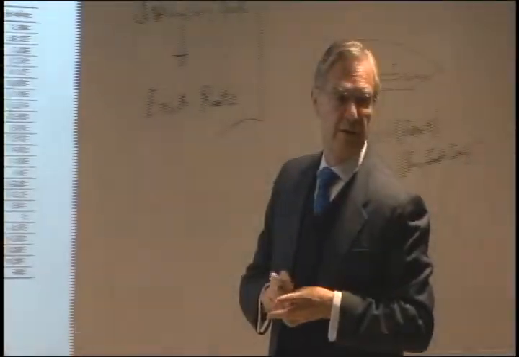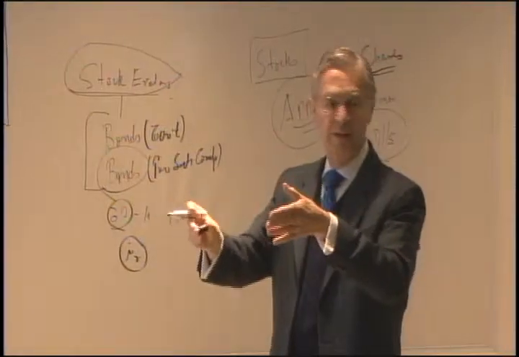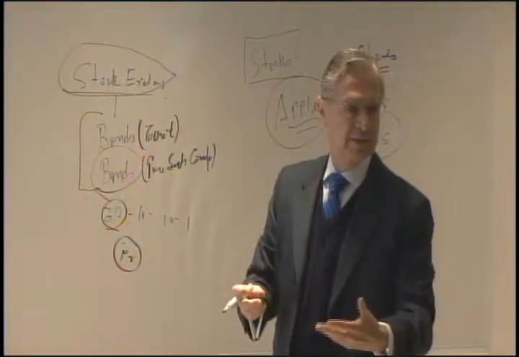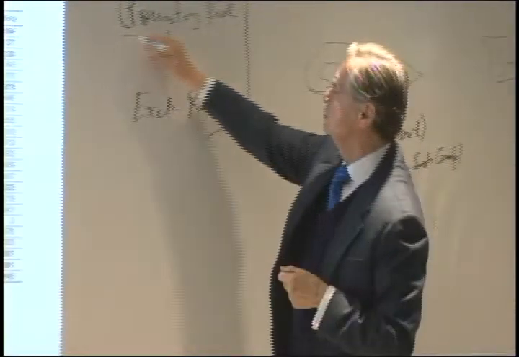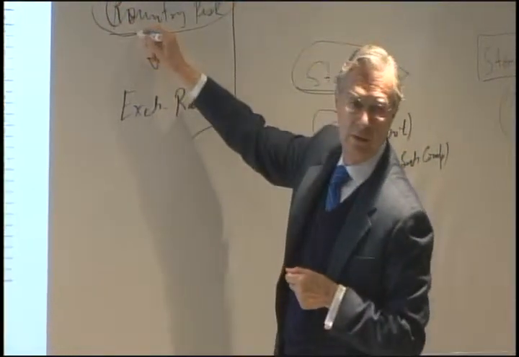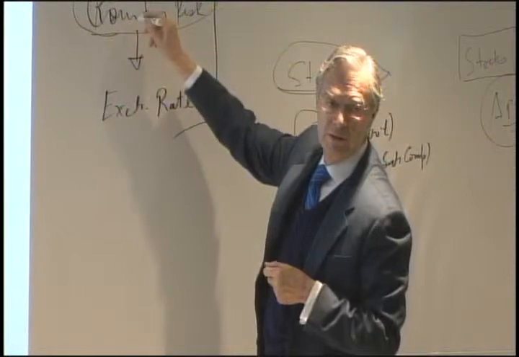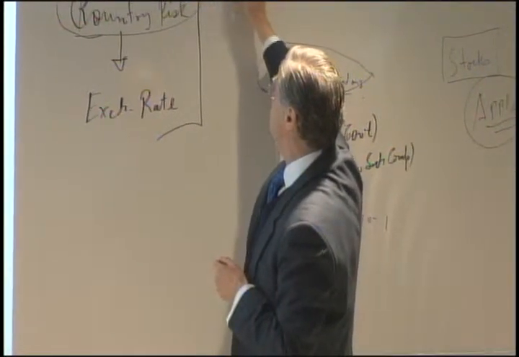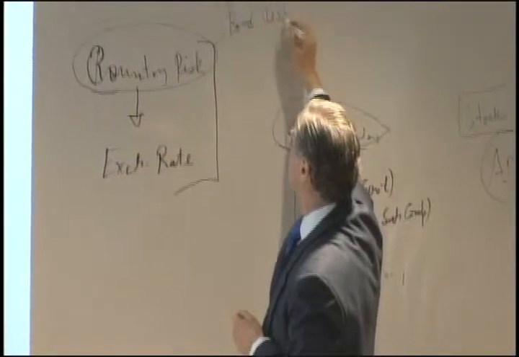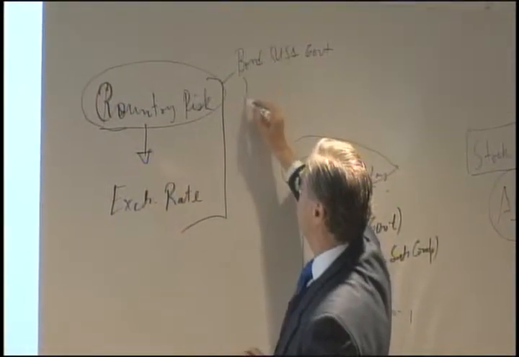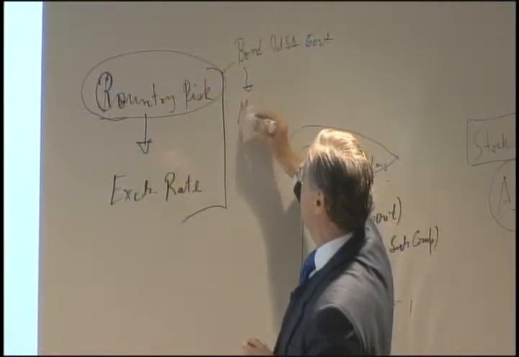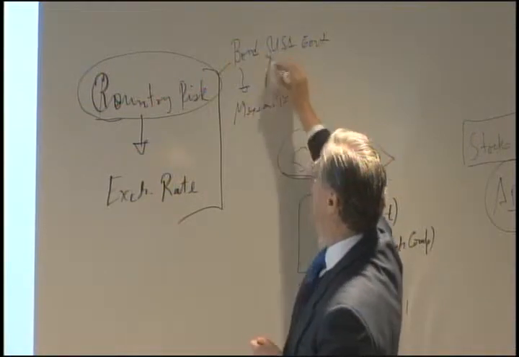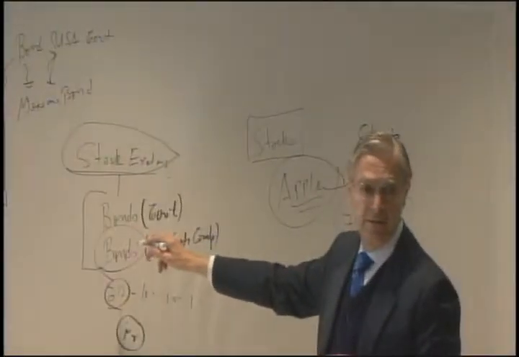Okay? So people coming from outside will look at Mexico and say, where do I want to invest? Well, I want to invest in Mexico. Why do I want to invest in Mexico? Because the country risk is low. This country risk is, as I said last time, the difference between the equivalent bond of the USA government and what you will be requesting from a Mexican bond with the same maturity dates.